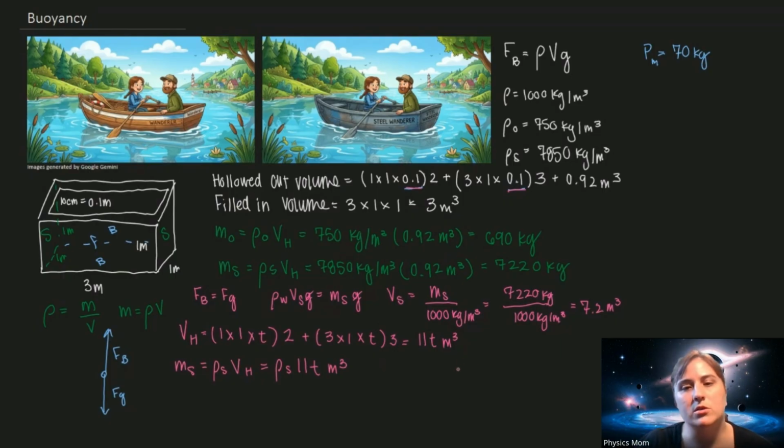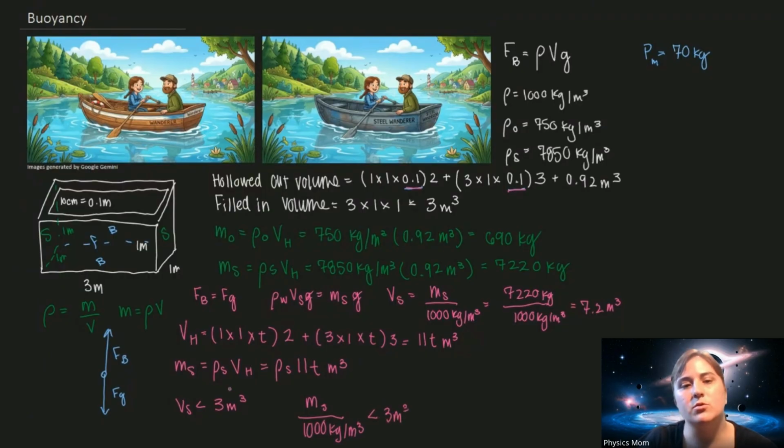So the submerged volume still needs to be less than 3 meters cubed. I'm going to plug this in for my submerged volume. I know it's the mass of the steel divided by the 1,000 kilograms per meter cubed. That is the density of the water. This needs to be less than 3 meters cubed.